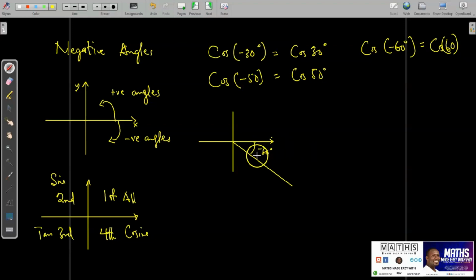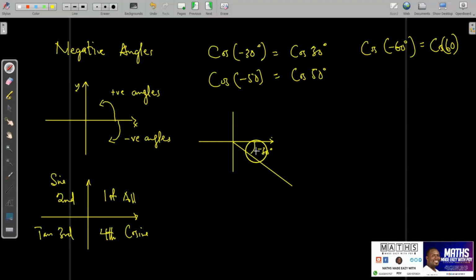I was saying that we are looking at negative angles, and negative angles are read from the positive x-axis in the clockwise direction. So we are starting with cos of negative 30. Negative 30, when we sketch it, finds itself in the fourth quadrant.